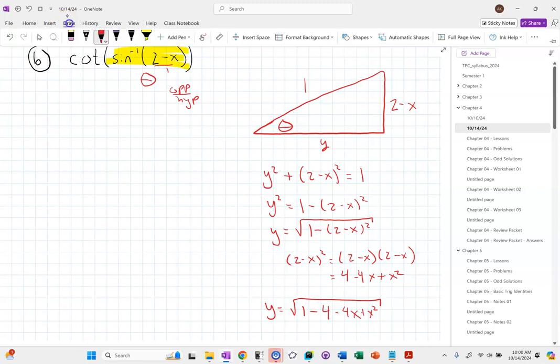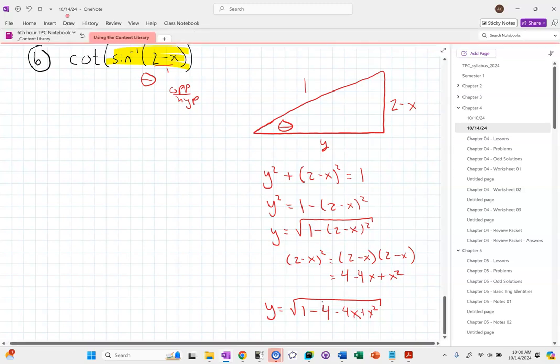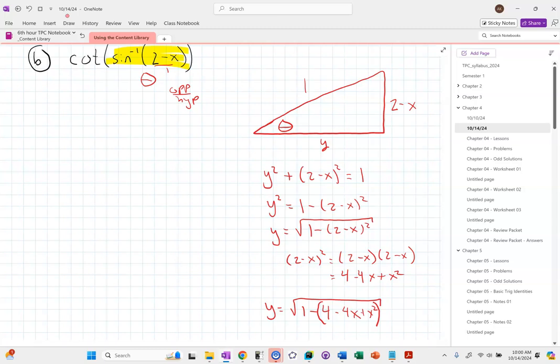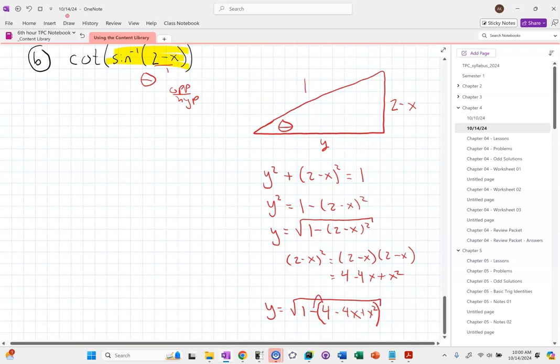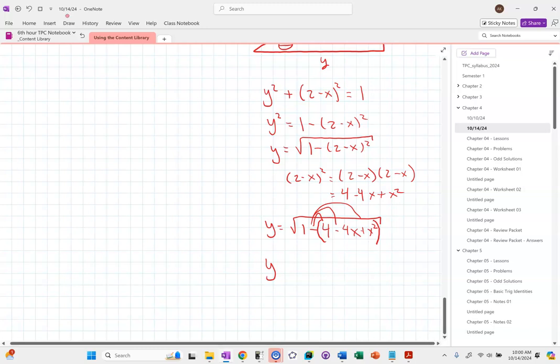So here is the mistake: that minus sign needs to apply to the entire thing we just FOILed out. So that negative then needs to distribute through. I know, guys.